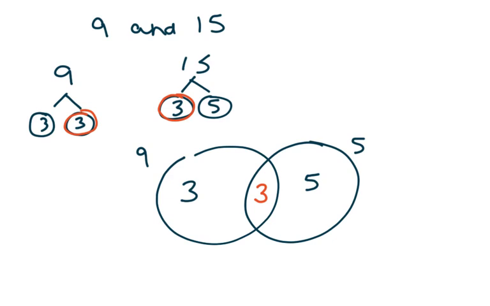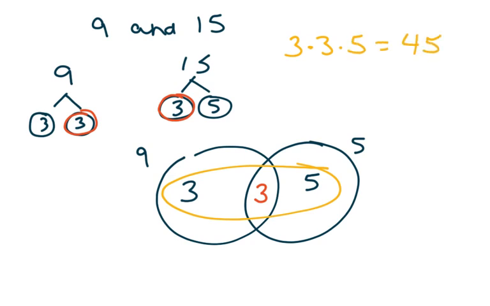And so all 3 of these become 3 times 3 times 5, and so we have 9 times 5 is 45, and so the least common multiple of 9 and 15 is 45.